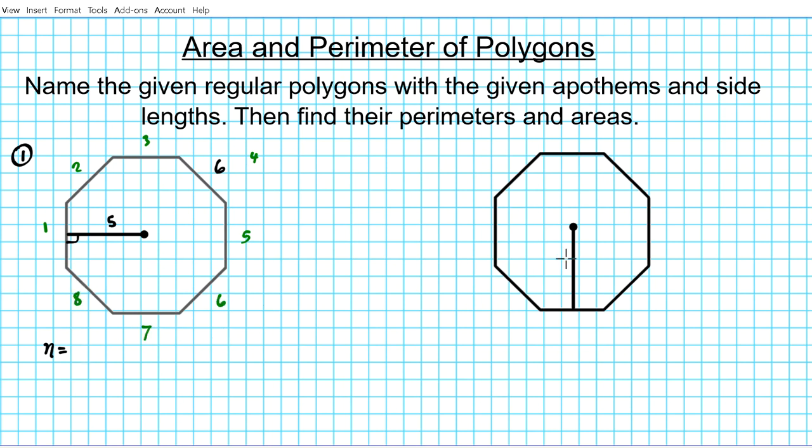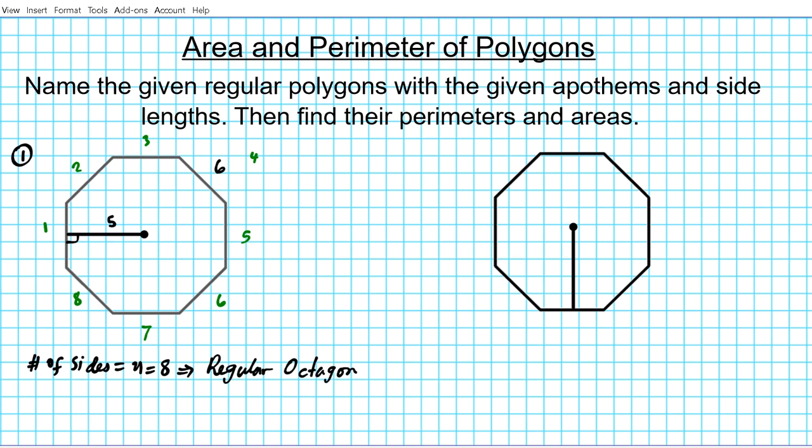So if n, the number of sides, is equal to 8, what does that tell us? Let's write this down. Number of sides, which is n, is equal to 8. That means that this is a regular octagon.